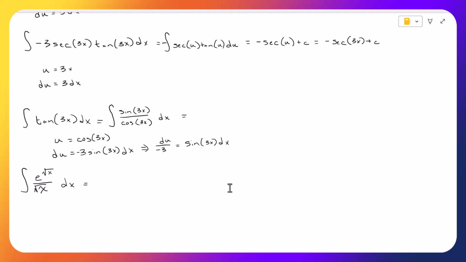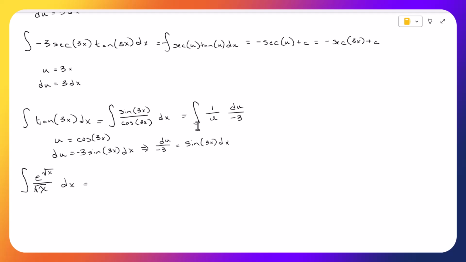So this integral is going to become, this sine of 3x dx is just going to become du over negative 3. And then I'm going to end up with 1 over u, because my cosine of 3x just became u. And let's make this look a little prettier.